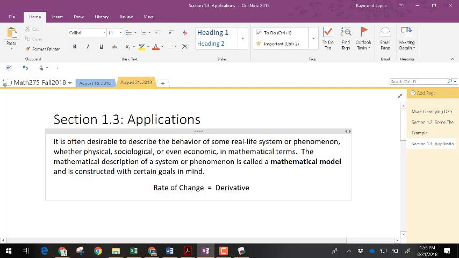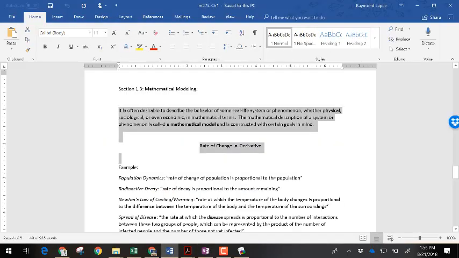And so this whole idea of doing a translation from words into our equations is called mathematical modeling. So the main thing to remember is that when you hear the word rate of change or rate, then that applies to derivative.